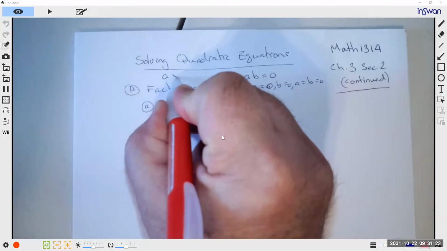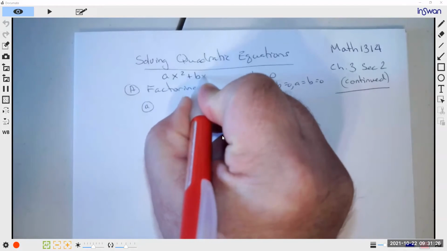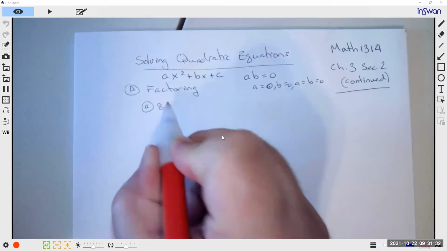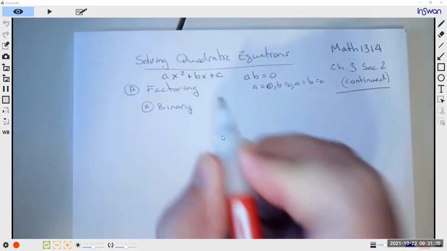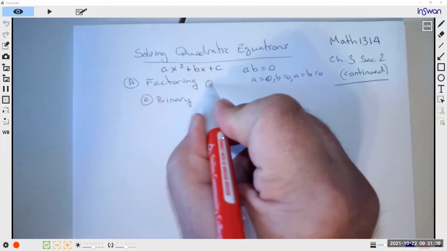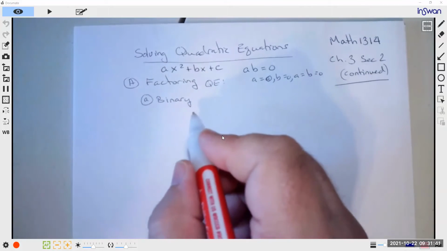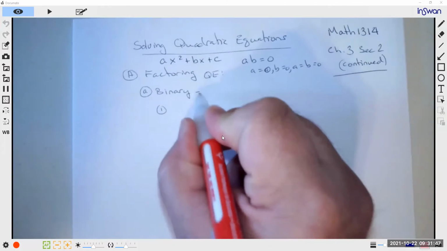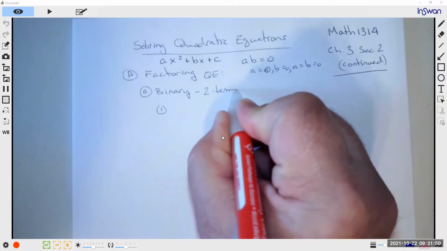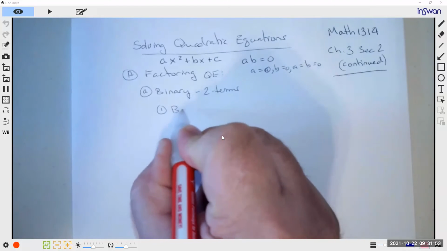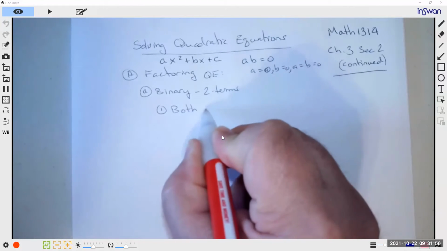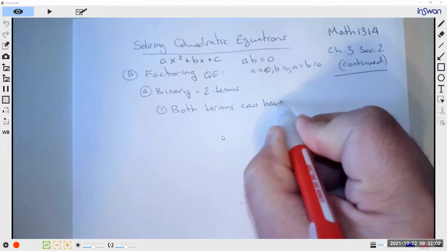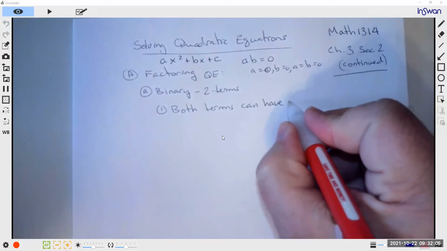Quadratic equations have this form. So, factoring quadratic equations, if they're binomial and there's two terms, then both terms can have x's.